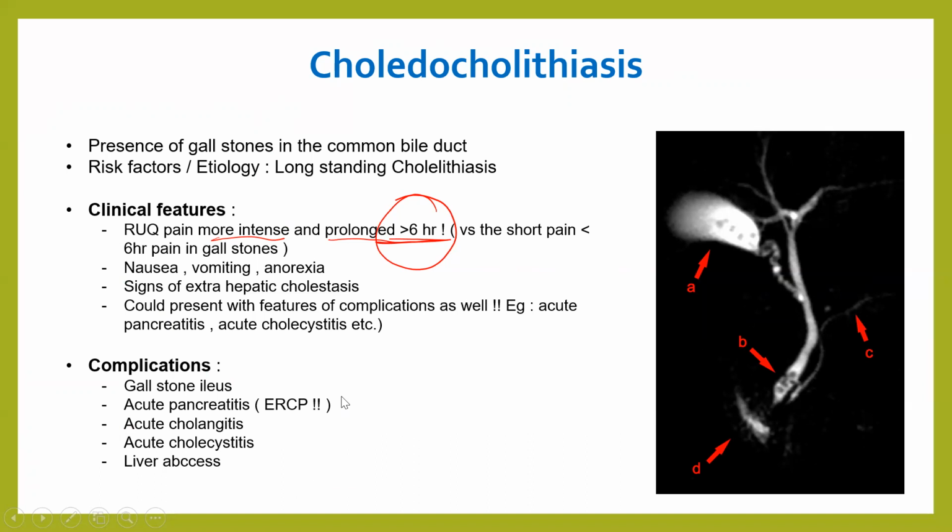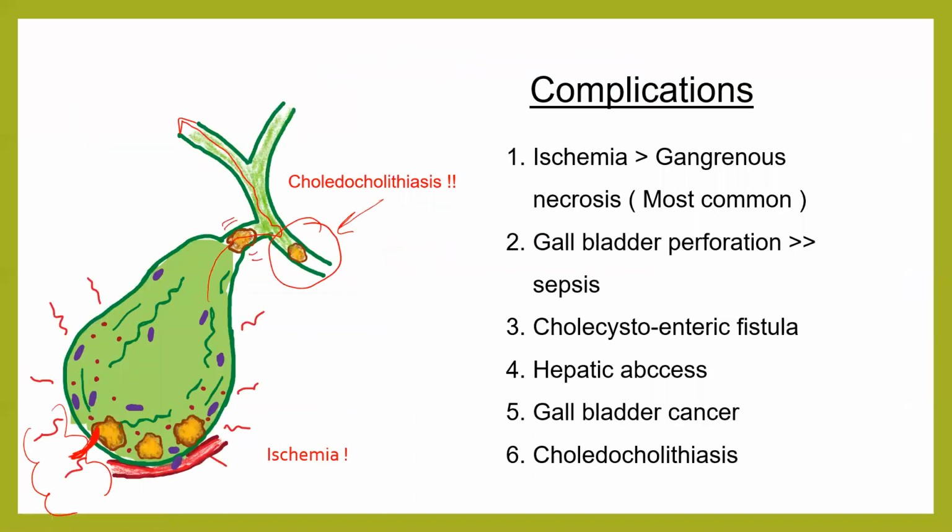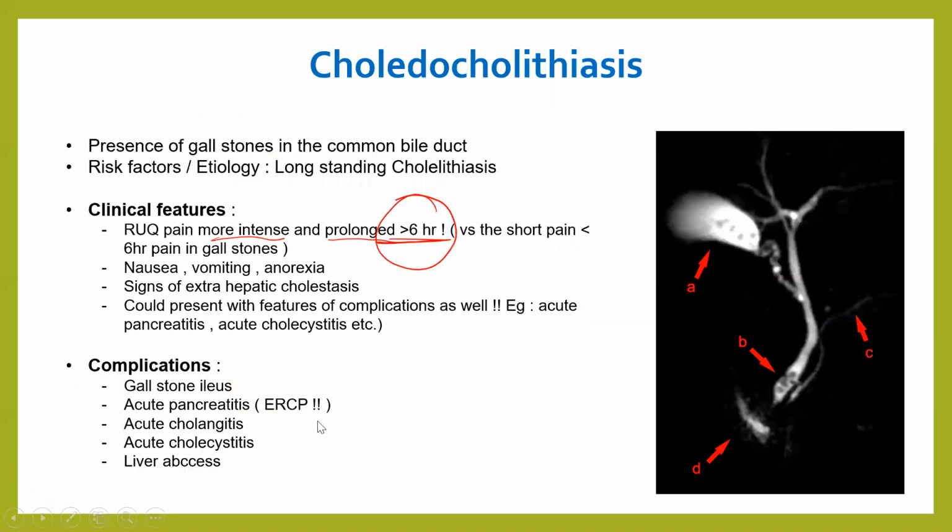So we can have gallstone ileus, when the stone, like I described here, in the case of perforation, can get inside the intestine, or the stone can just move through the bile pathway into the intestine and cause an obstruction around the stone, leading to ileus pain. We can also have acute pancreatitis.